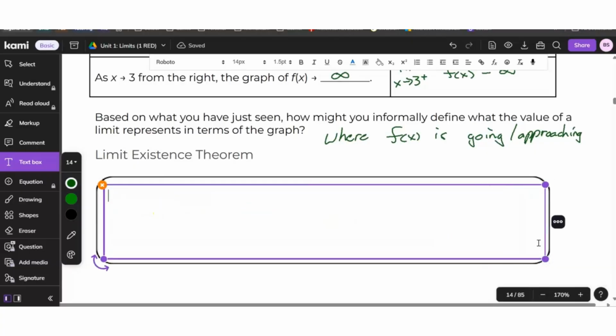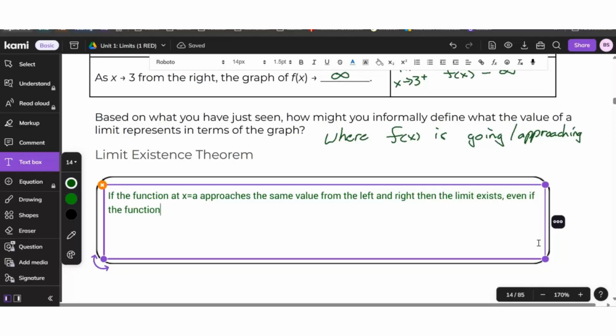All right, so our limit existence theorem is: if the function at x equals a approaches the same value from the left and right, then the limit exists, even if the function at x equals a is different from the limit or does not exist.